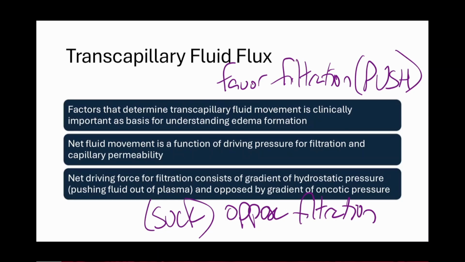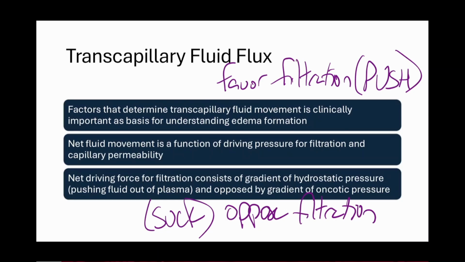Movement of the solvent, the water, the plasma, whatever's going to move back and forth. What favors filtration to push it out, and what's going to bring it back in. If they're equal, will there be any movement?